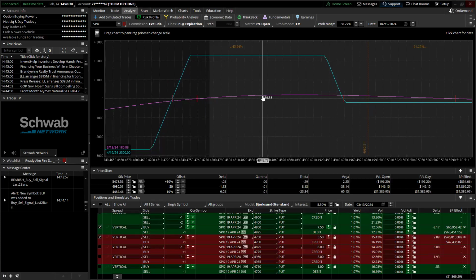We divide $1,500 by $300, what we are going to lose per one contract in this particular trade, and that gives you your potential size for this trade of 5 contracts.